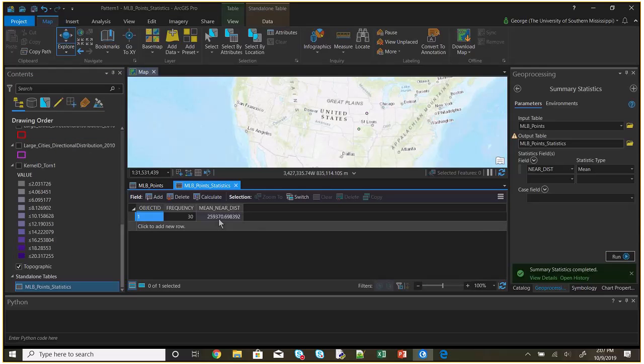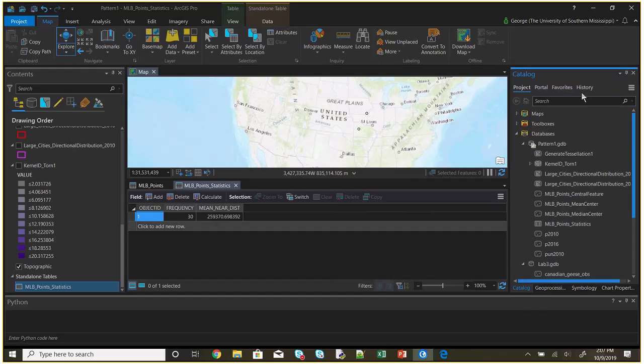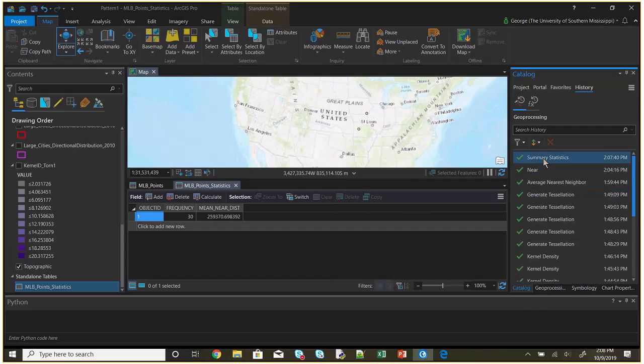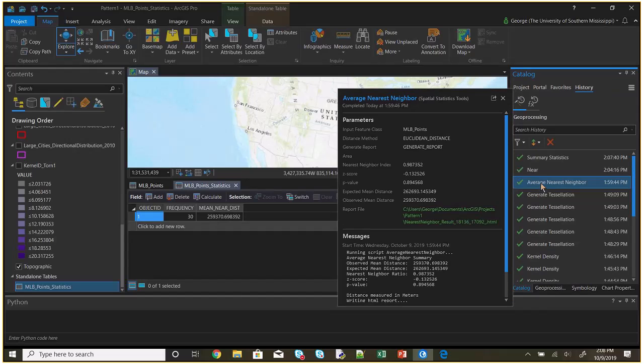So 259370. Let's go back to the history and see if that's the same number, because it should be. I mean, they're defined as the same. 259370. It's even the same down to the millionths. It's the same number.